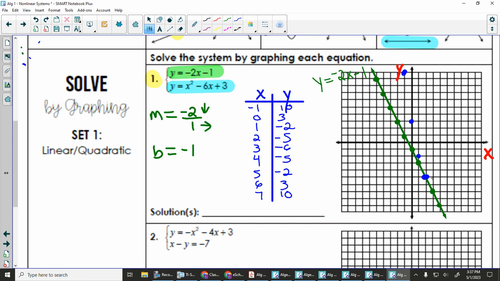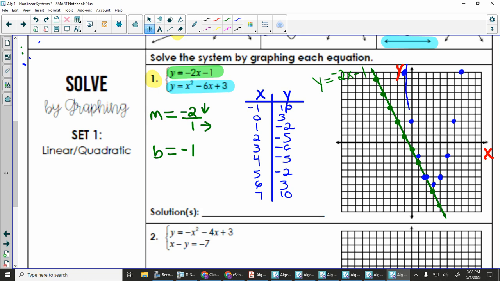And now see how I land on the green graph? That's okay. Then we have 3, negative 6. Then 4, negative 5. 5, negative 2. 6, positive 3. 7, positive 10.